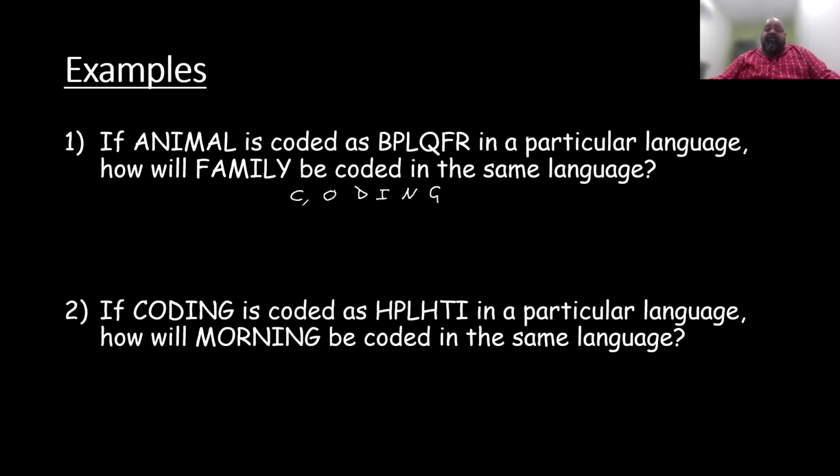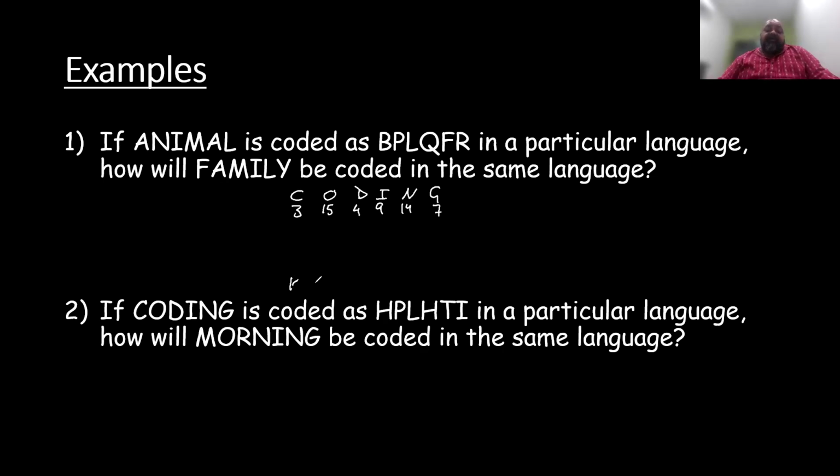I write the values for CODING. C is 3, O is 15, D is 4, I is 9, N is 14, G is 7.